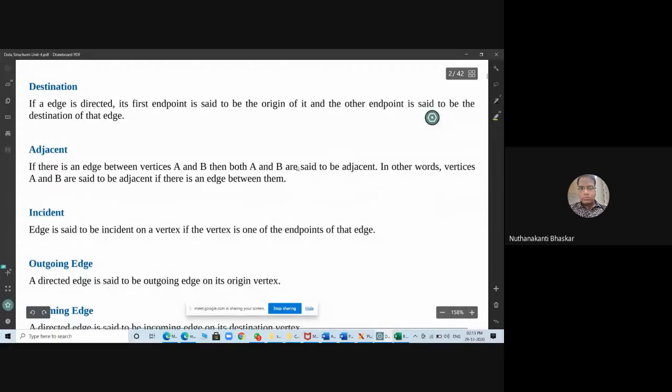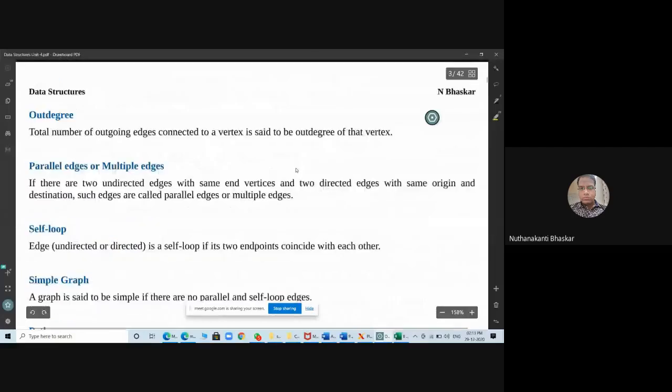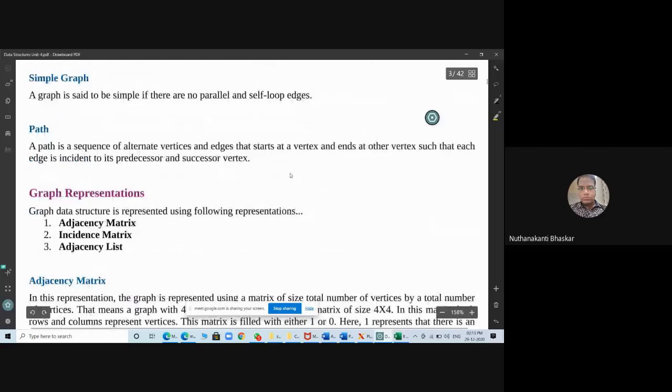Very important, this adjacent, incident, outgoing edge, incoming edge, degree, in degree, out degree, parallel edges or multiple edges, self loop, simple graph, path. All of you understood these terminologies? If you know these terminologies, then today's class is very easy and you can easily understand.